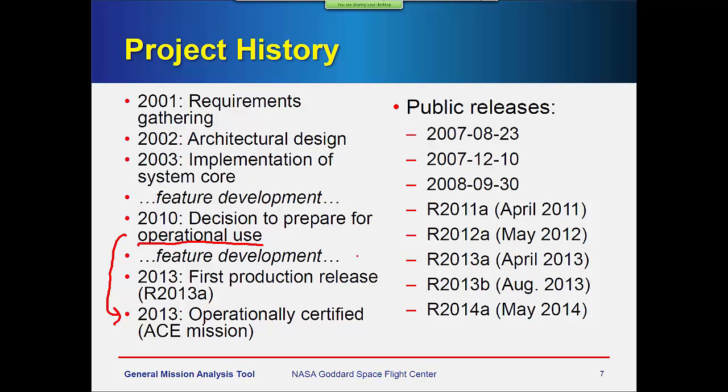And we did a bit of feature development for the next 3 years. 2013A was our first production release, which is fully tested, fully documented. That's what we say when we call it production, non-beta release. And then 2013 was our operationally certified. So 3 years from decision to our first operational certification. So that's where we are.